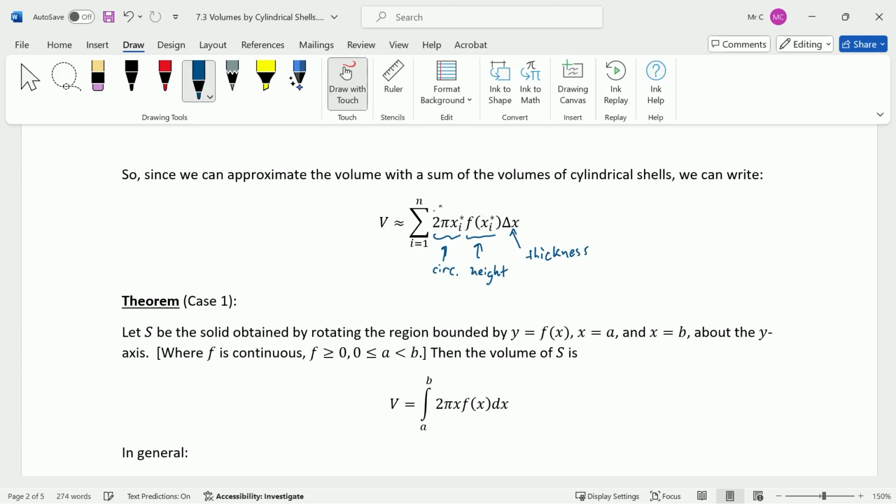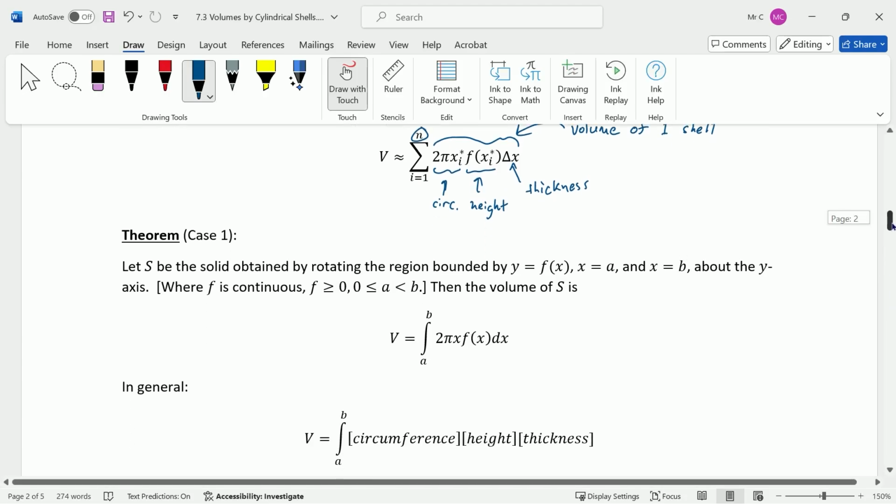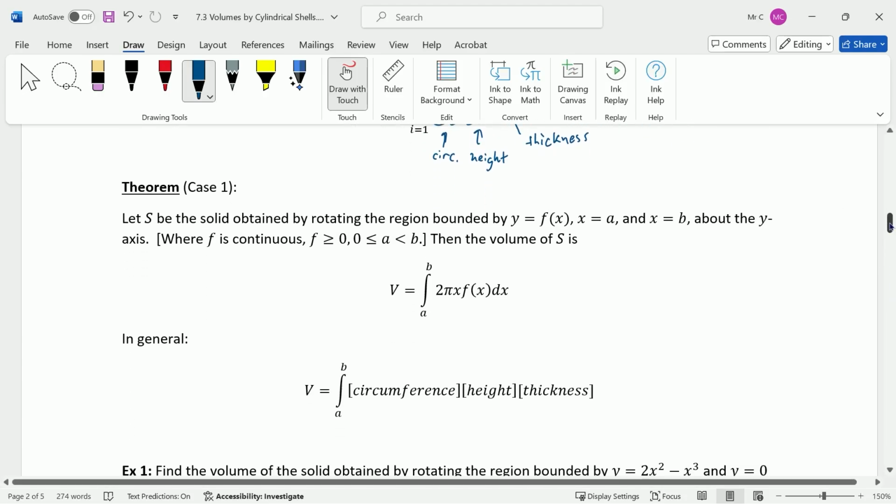So each of the expressions inside the sum is the volume of one shell, and we're adding n of those shells together. So, take the limit as the number of shells approaches infinity, and what do you get? You get an integral. So we've been through this a few times now.